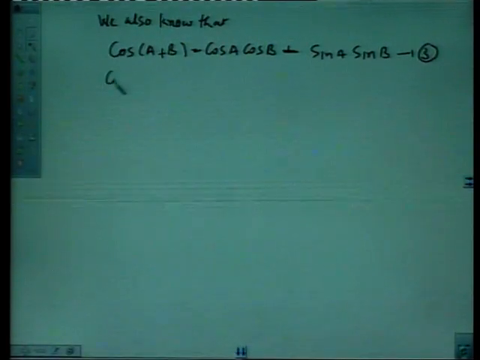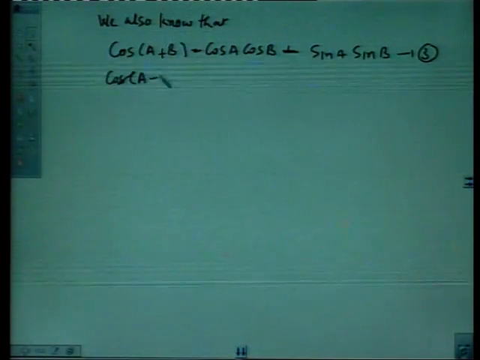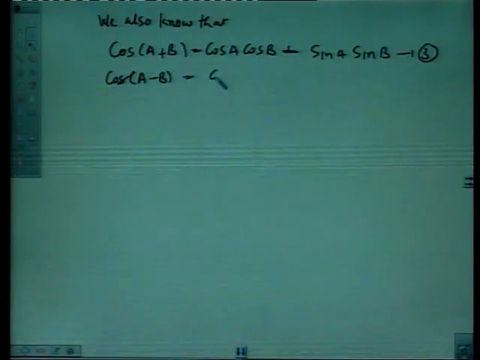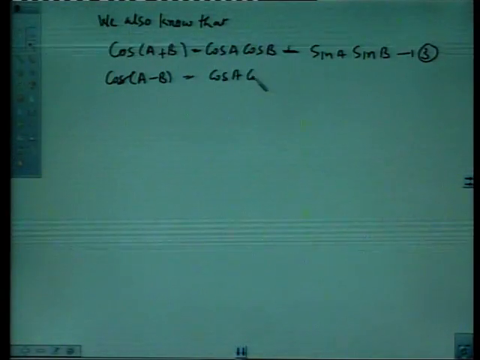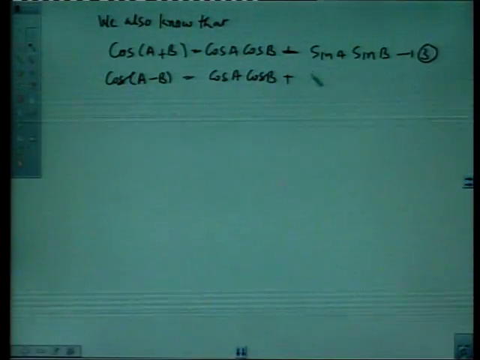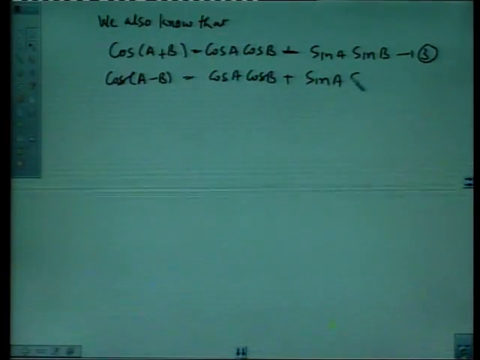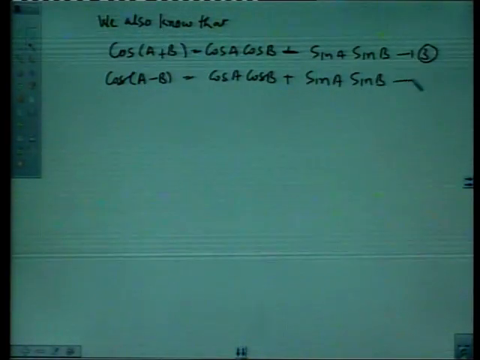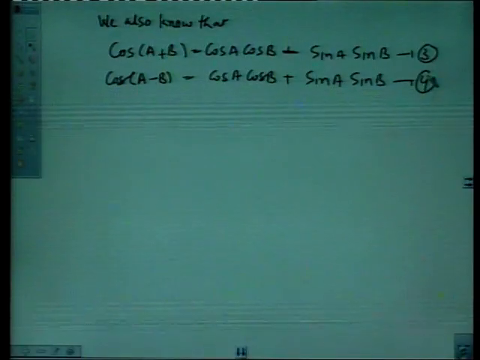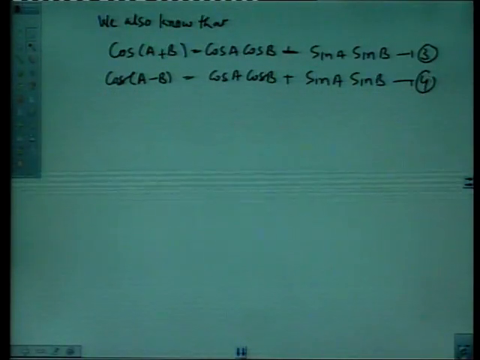Similarly, we know the formula for cos A minus B, this is cos A cos B plus sin A sin B. These formulas are known to you, these formulas are known as AB formulas.